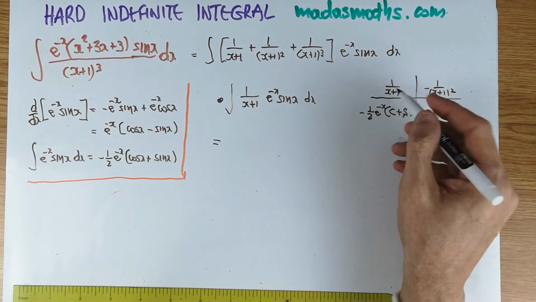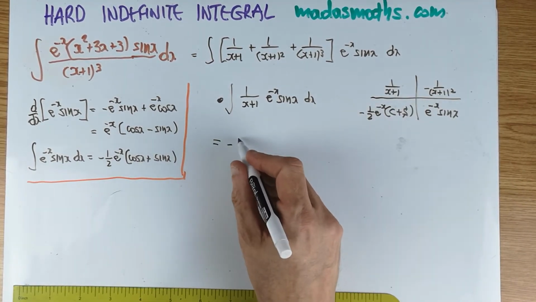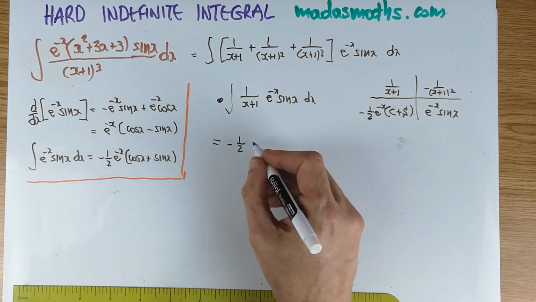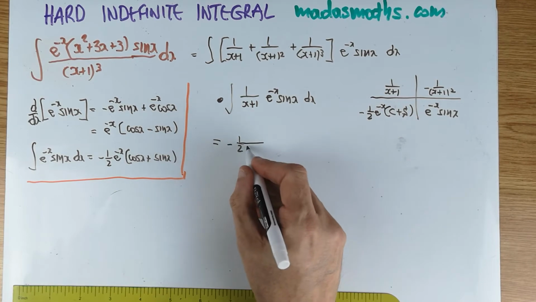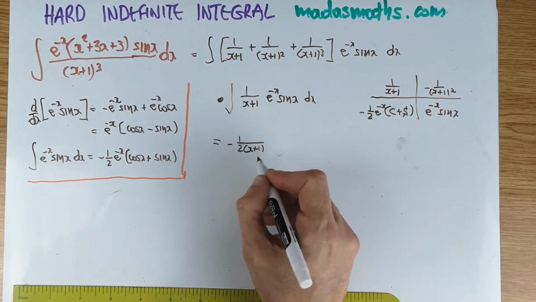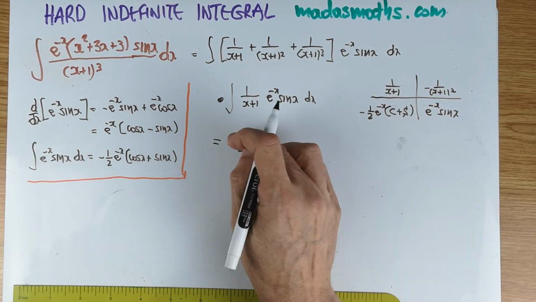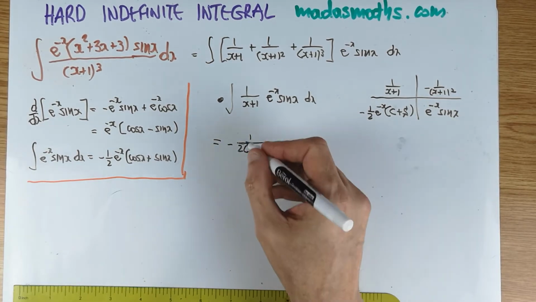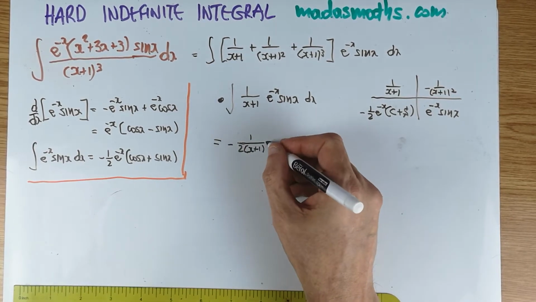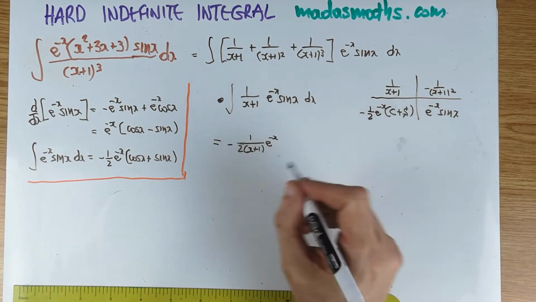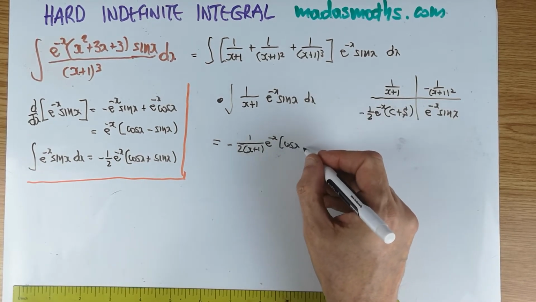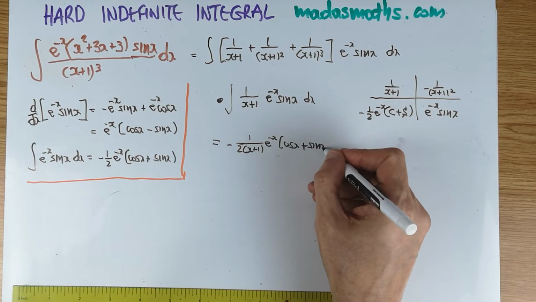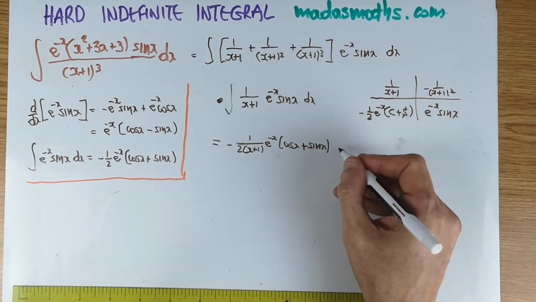So look at this integral now. I'll do the product of that. So it's going to be minus a half, x plus 1 at the bottom, e to the minus x, we can write it next. That's this bit here, and then we've got cos x plus sine x. I didn't have room to write it there.